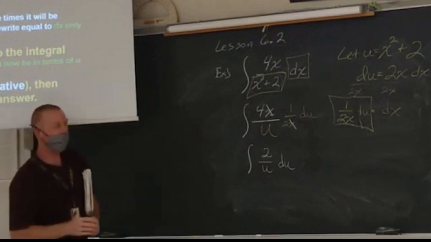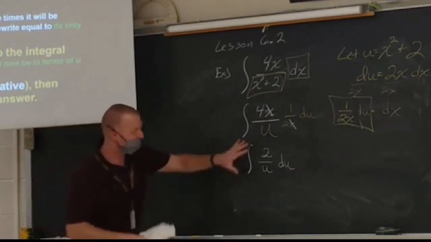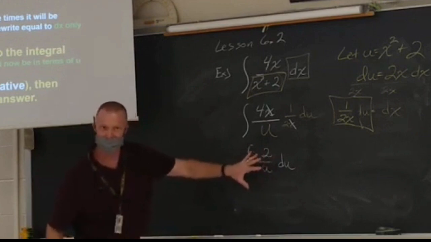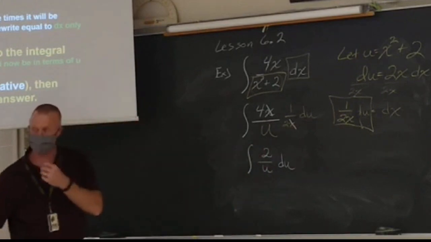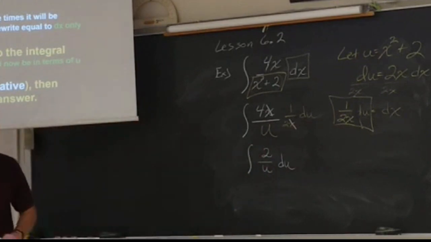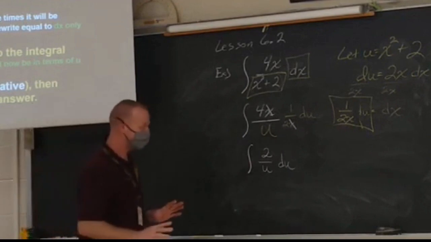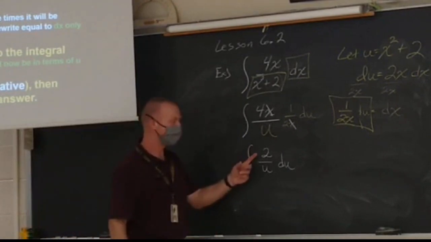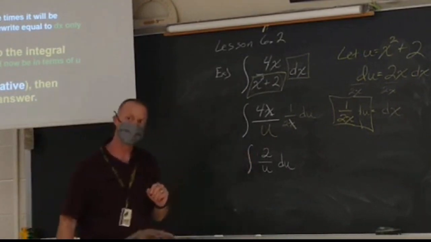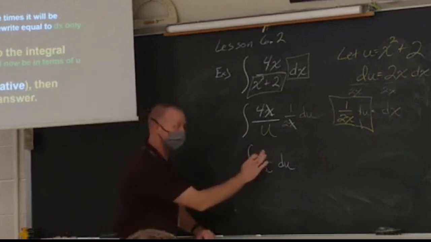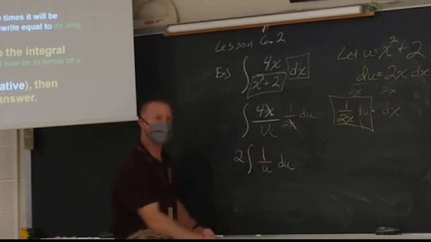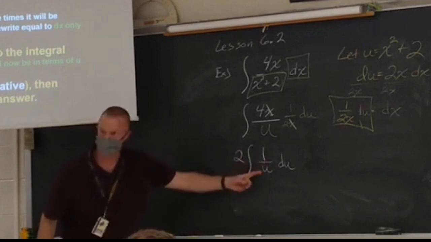I'm not going to call on anybody, but you guys realize that you should know how to do this antiderivative. It can look a little different because it's got the letter u. It also can look a little different because, honestly, it's so simple. Again, don't get anxious. I'm not going to call on you, but do you know how to do 2 over u? Do you know how to do 1 over u?